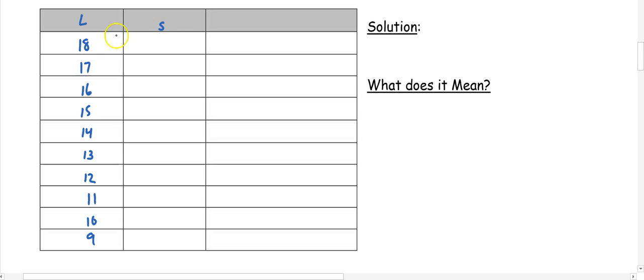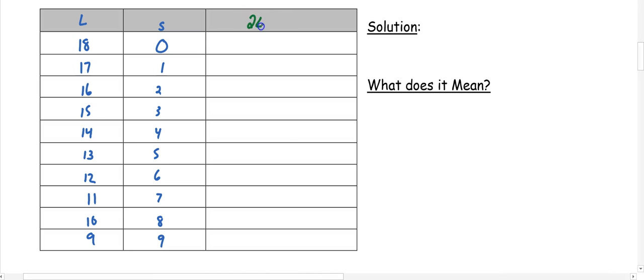Then we have our small number. So remember that these two numbers together have to equal 18. So if the large number is 18, the small number would be 0. If the large number was 17, 1, 2, 3, 4, 5, 6, 7, 8, 9. Now, we don't need anything lower than that because the large number has to be bigger than the smaller number. That's how we get a large and a small number.